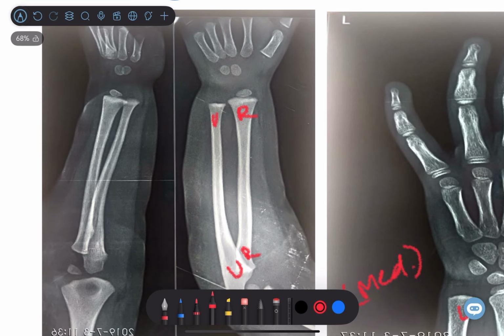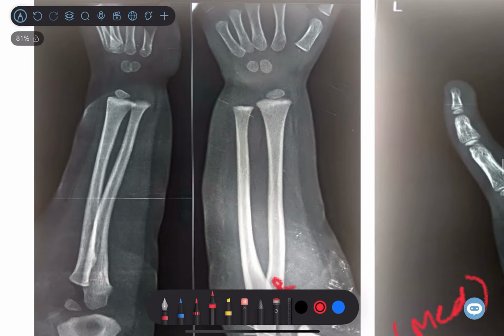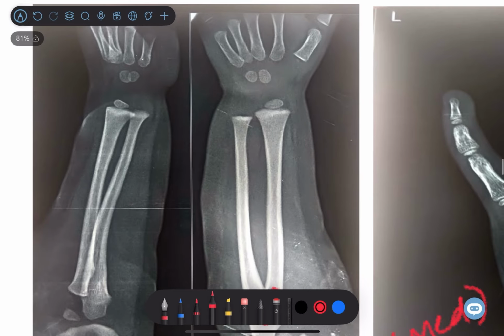So coming on to the first one, as you can see, there are 2 carpal bones present in this X-ray, the capitate and the hamate, whereas triquetral, which appears at 3, is not present, so we can say it is less than 3 years.